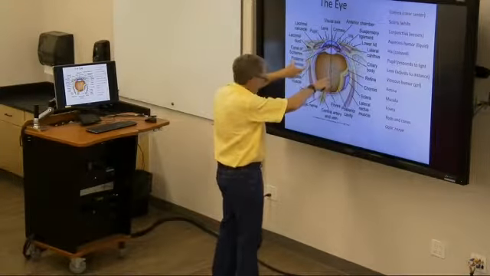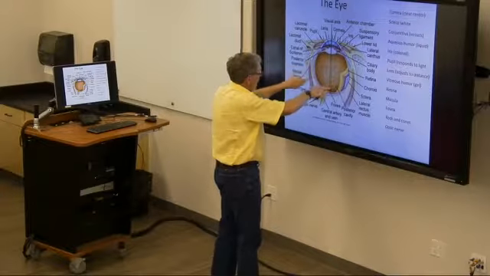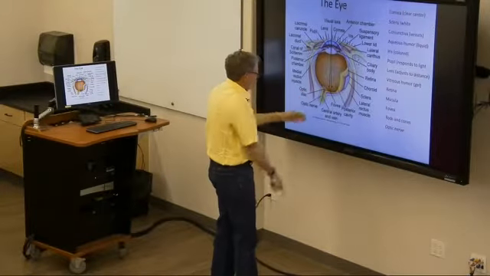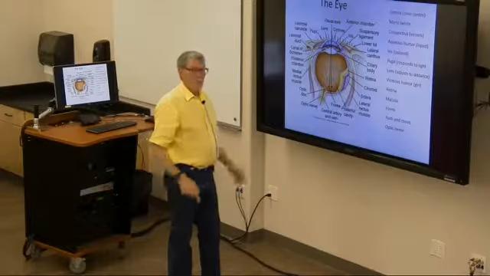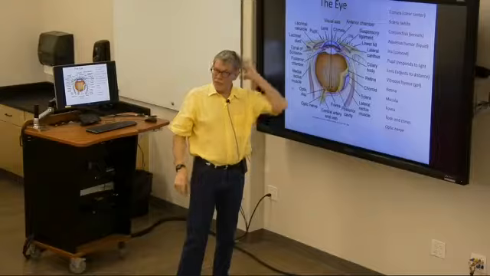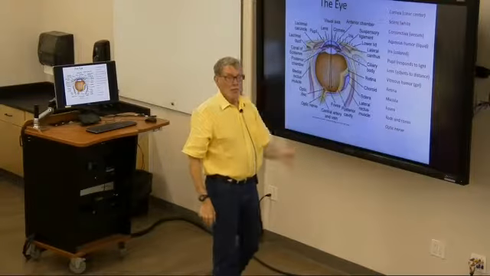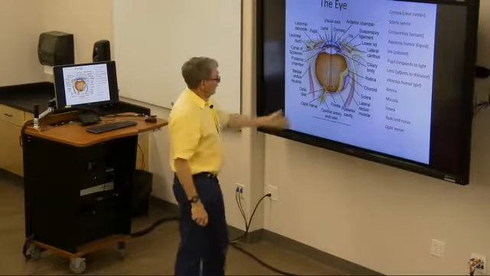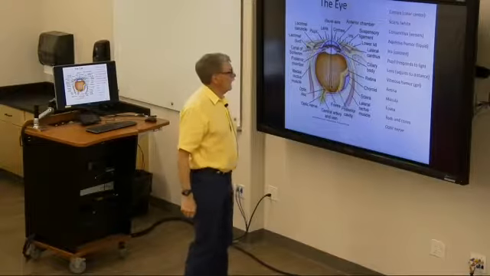The retina sends all of its signals back down the optic nerve, which goes through the optic chiasm and then goes back to the occipital cortex, which is your primary visual cortex.